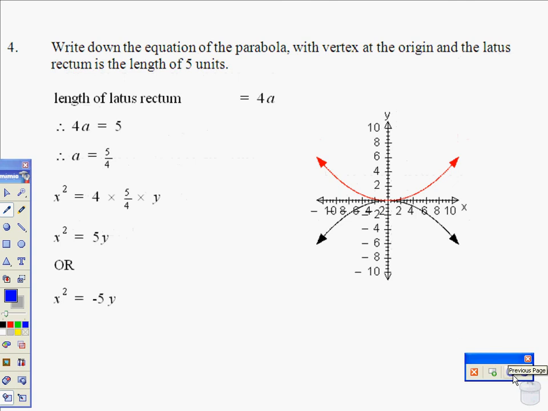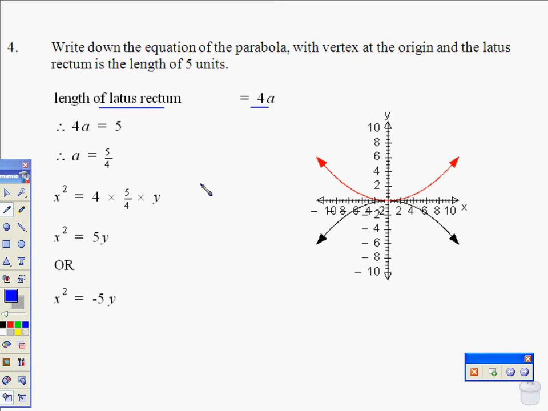In the next question, we've got to write down the equation of the parabola with the vertex at the origin. The latus rectum has a length of 5 units. Now, you can prove that the length of the latus rectum is 4a. You can prove it, but as long as you know that the length of the latus rectum is 4a, it allows you to find the focal length. That's the key.